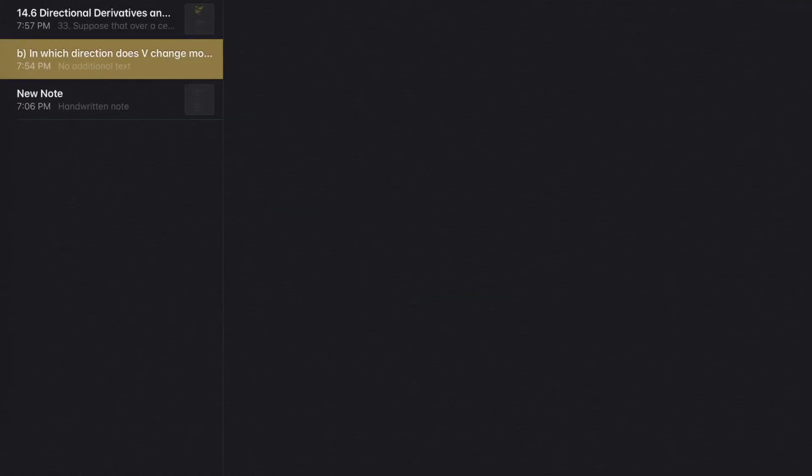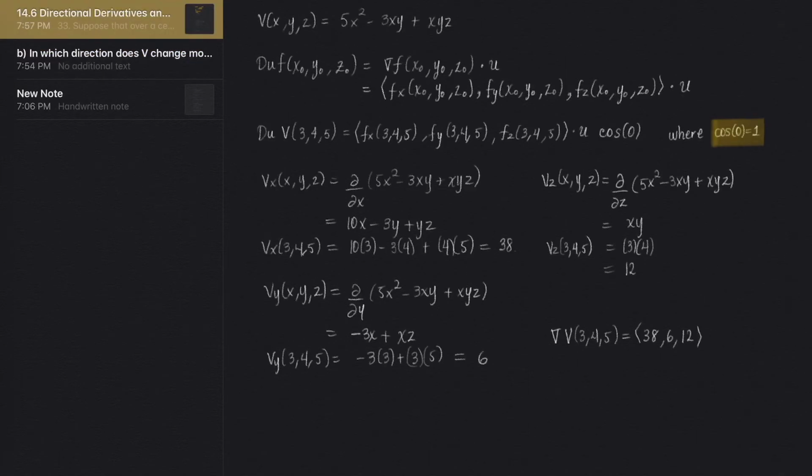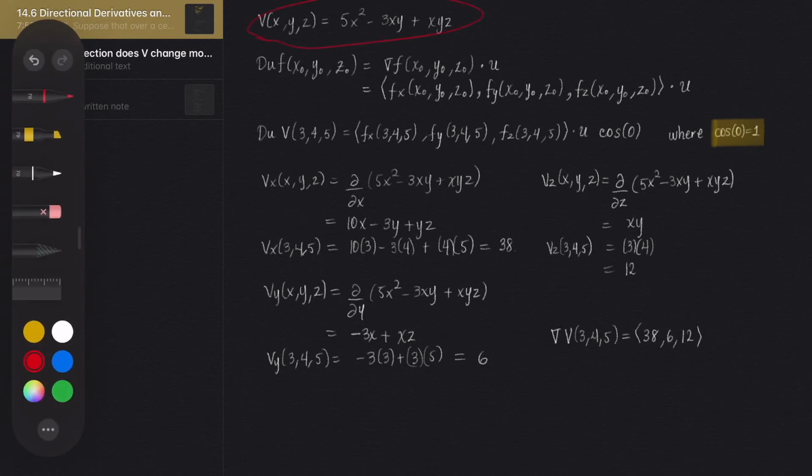Part B, we're asked to calculate in which direction V changes most rapidly at P. So here we have, again, our equation for the electric potential, and we want to use the same directional derivative formula. Again, del f is this part right here, which has the partial derivative of the function with respect to x, y, and then z, and then the dot product against this unit vector u.